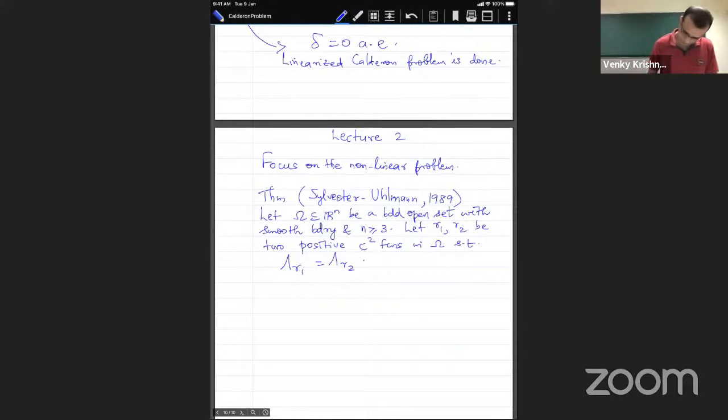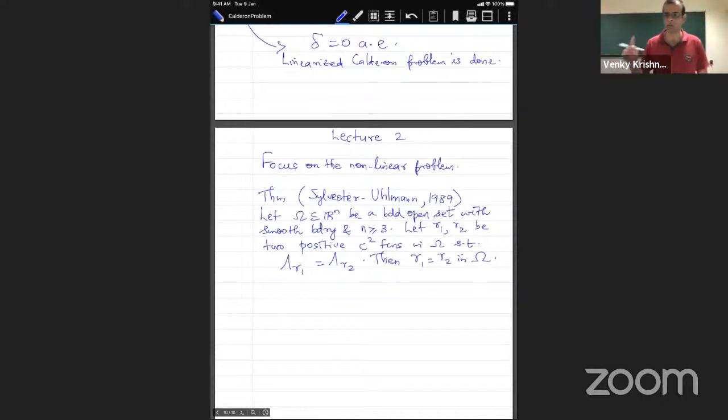Then gamma 1 equals gamma 2 in omega. And so what is lambda gamma 1? Lambda gamma 1 is the map that takes f to gamma du/d nu, right? So that's a map.